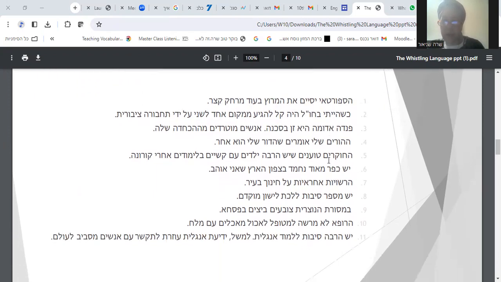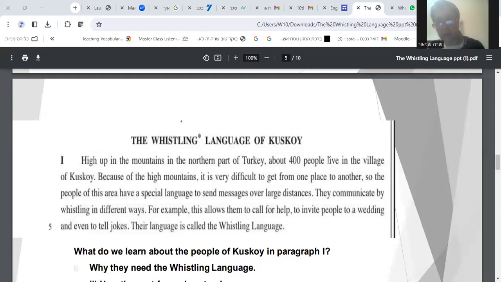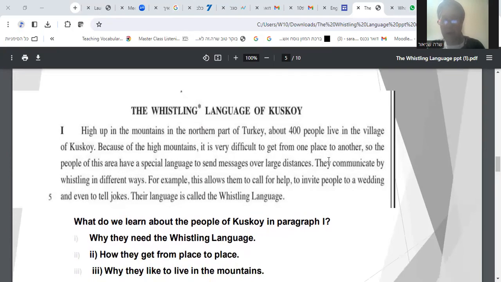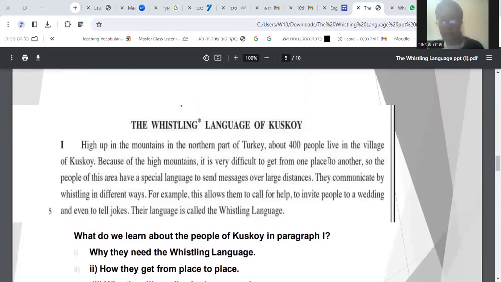We can do this together, and we can go straight to the whistling language of Cuscoy. I think I would first go over this with you. We're going to ask questions and break up the passage to paragraphs and work per paragraph question. Every time there's a paragraph, we're going to ask a question on it. So let's start.